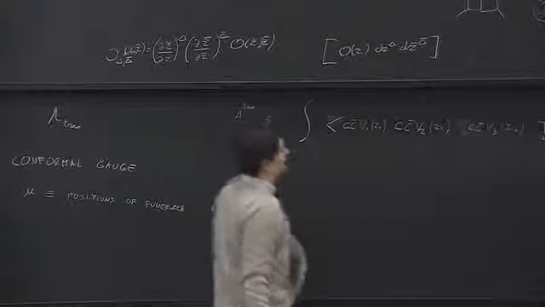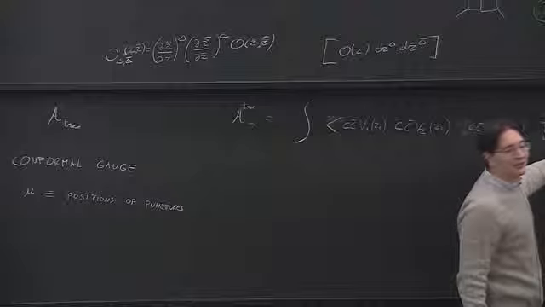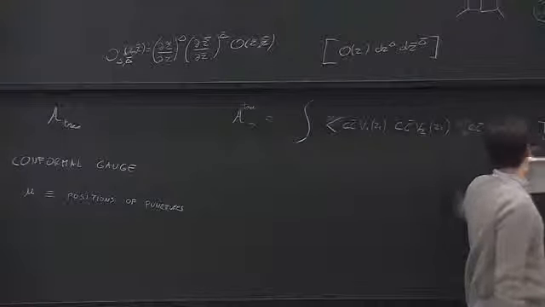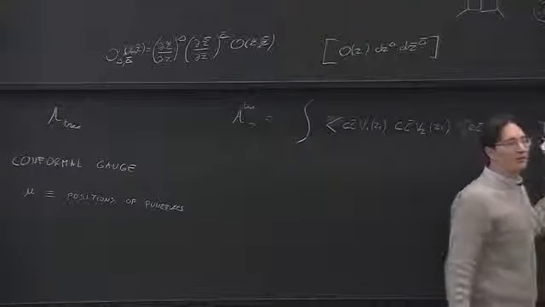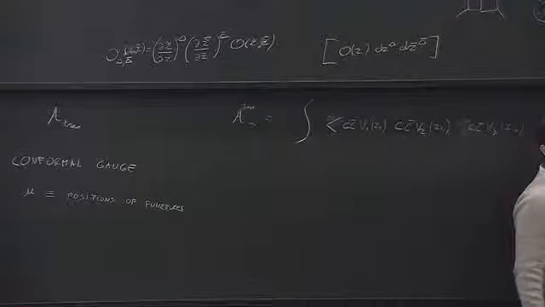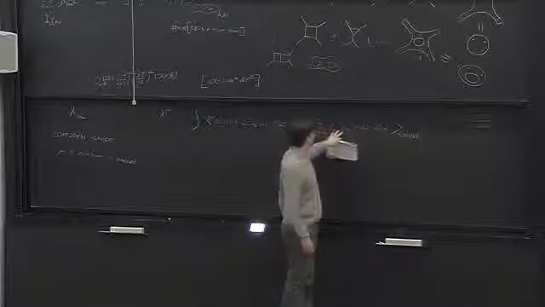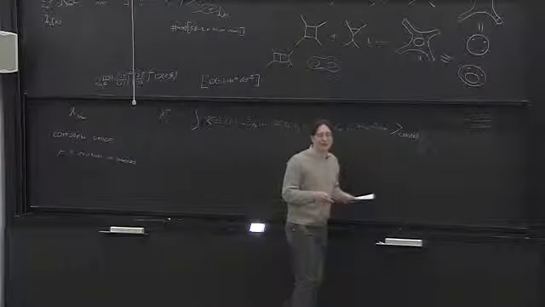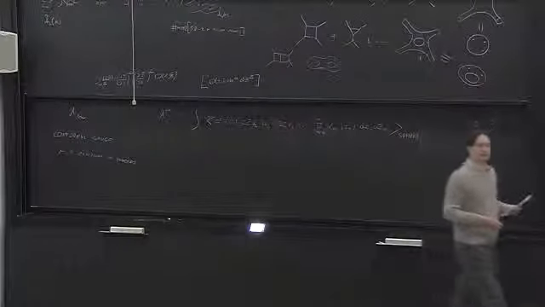So in particular, the vertex operators, after you strip the ghosts, have L naught and L bar naught equal to 1. So this is well defined. This is invariant under changes of coordinates. So this is good.